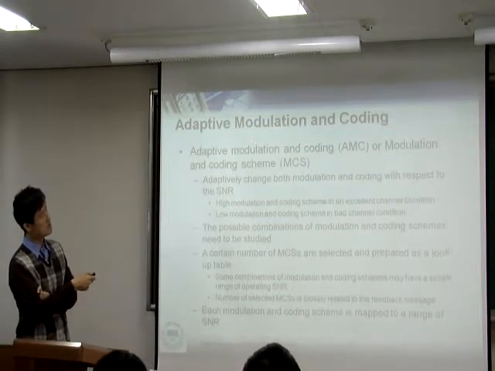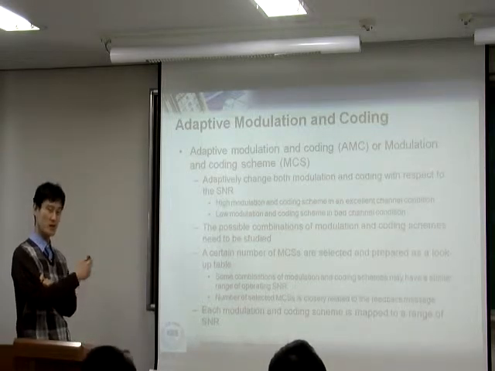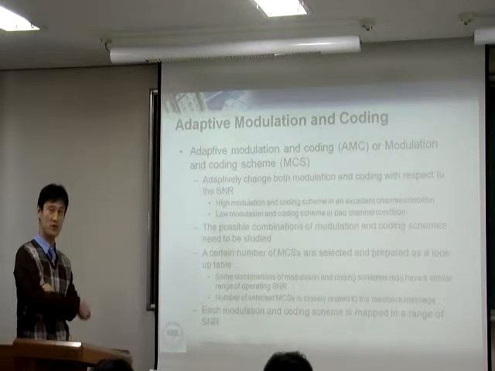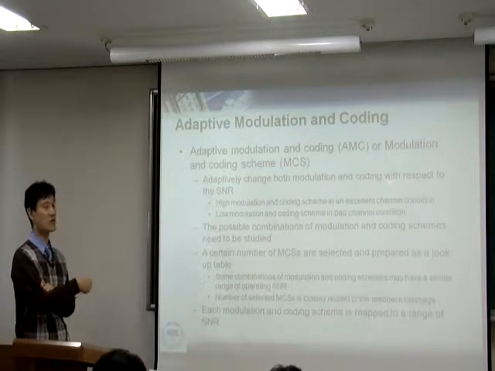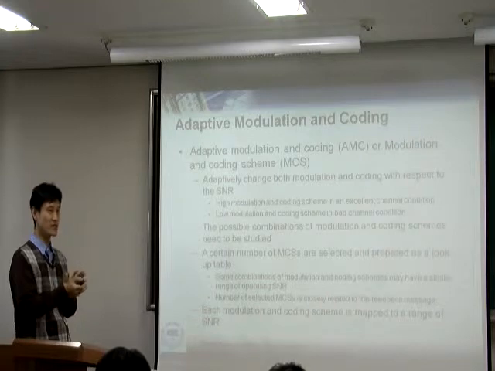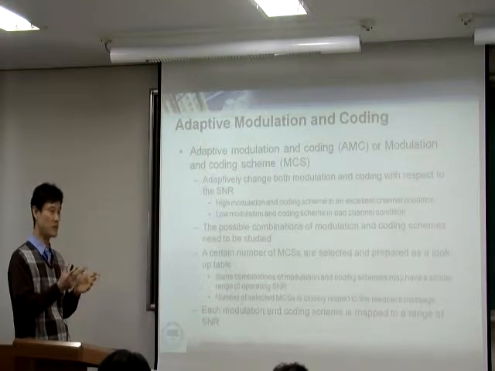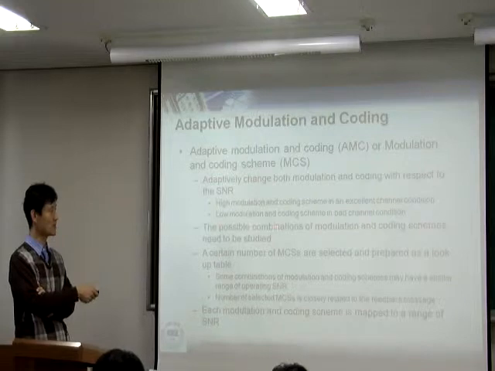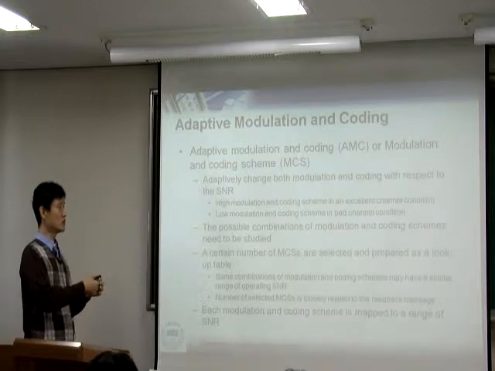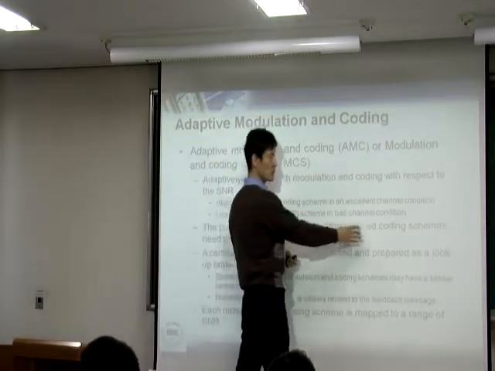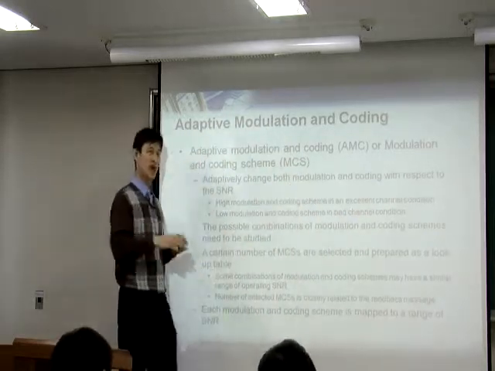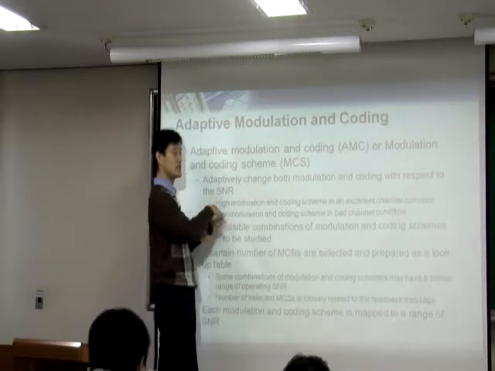Then we have so many different modulations, like in QAM type, we have QPSK, 16 QAM, 32 QAM, 64 QAM. There are so many of them, and even in the coding, we have so many different ways. So how to make a combination? That's the question. What would be a good combination, and how can you make it? That's one thing that you have to study. Another thing is that when you make a combination with a certain modulation and a certain coding, and you change to another modulation and coding, so many of them, you have to guarantee that each can be distinguished.